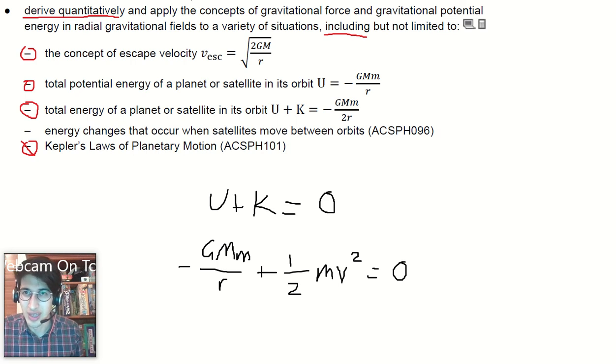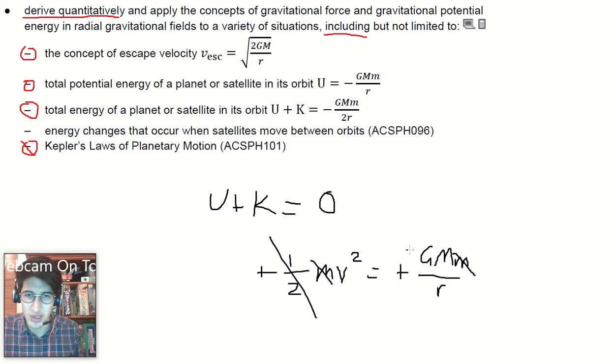So if we add GMm over R to both sides, boom, that becomes positive GMm over R there. We can cancel these masses. We can times both sides by 2, and we can square root both sides. So we end up with, if we clean it up a little bit, velocity escape is equal to square root of 2GM over R. Nice and simple.